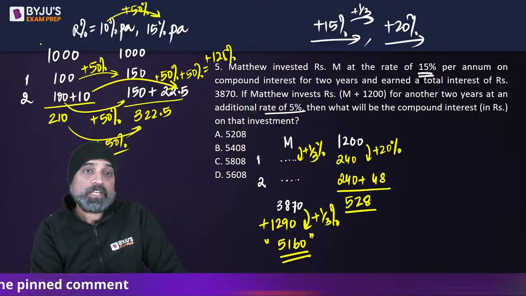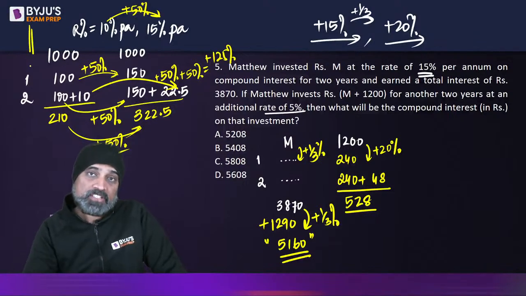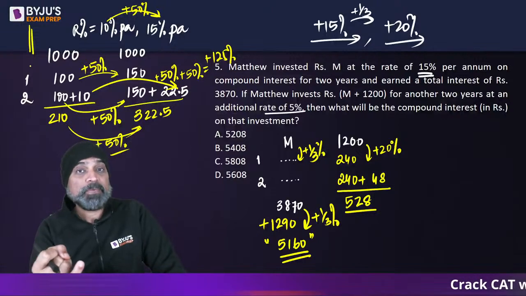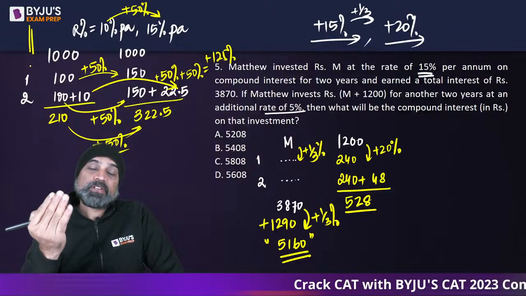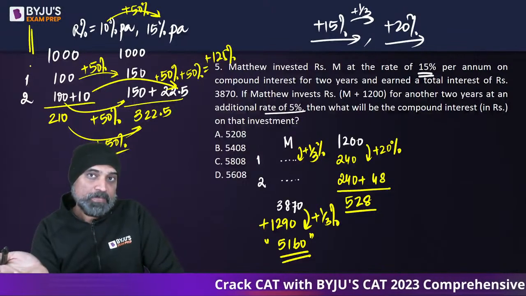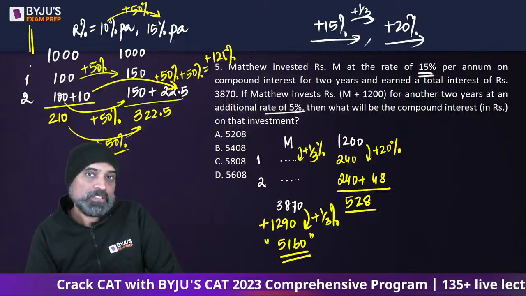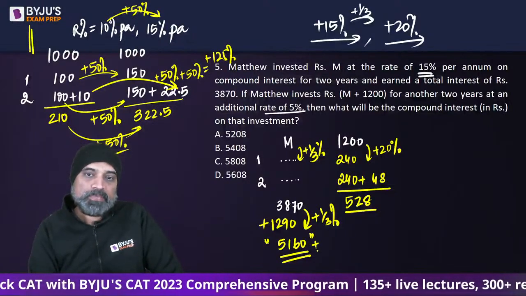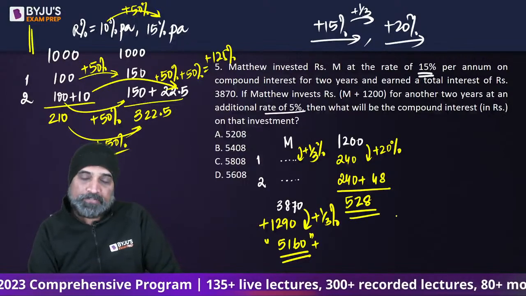So I looked at an example. I saw how things change when principal doesn't change, but only the rate of interest changes. So because of a change in the rate of interest by a percentage value, my interest also changes by at least that much percentage value. So at least this much will increase. And from 1200 we are getting 528 for sure.